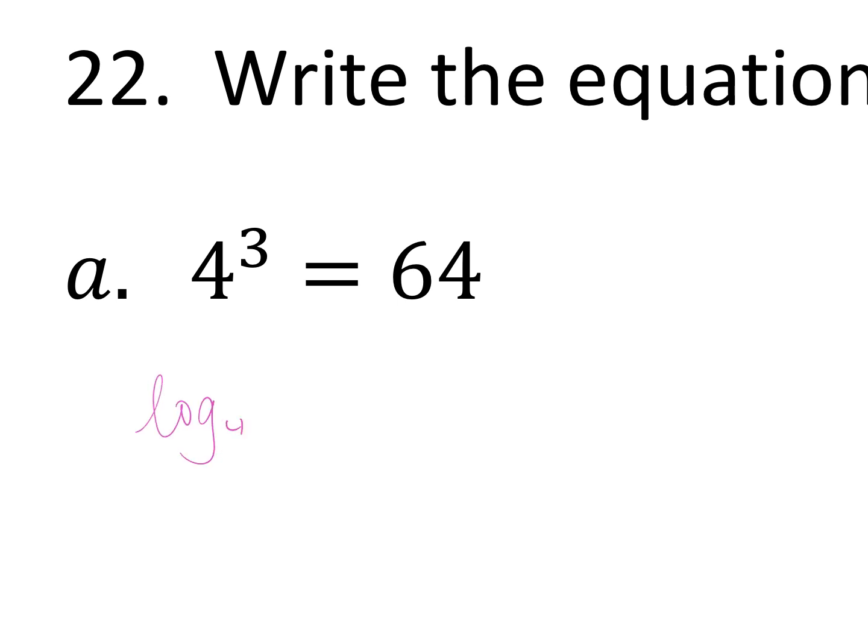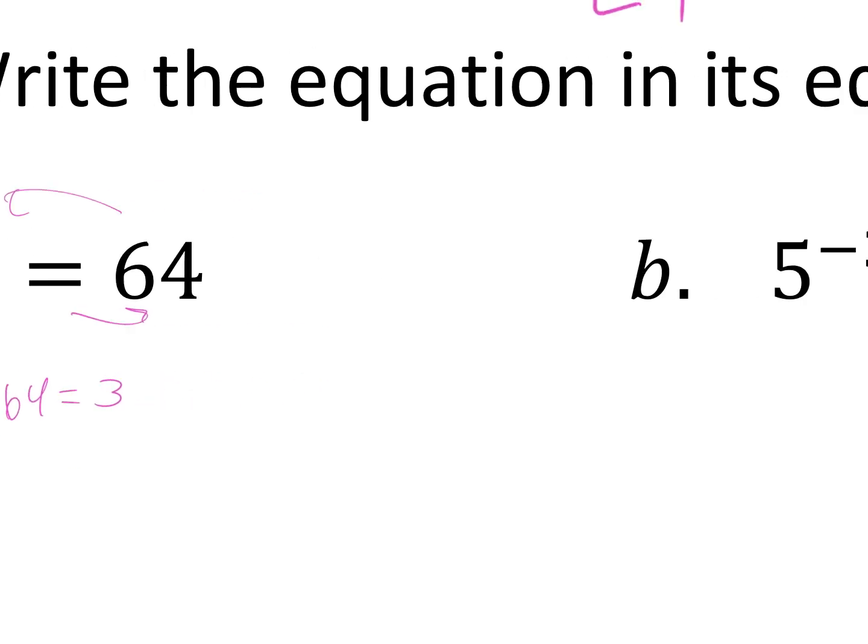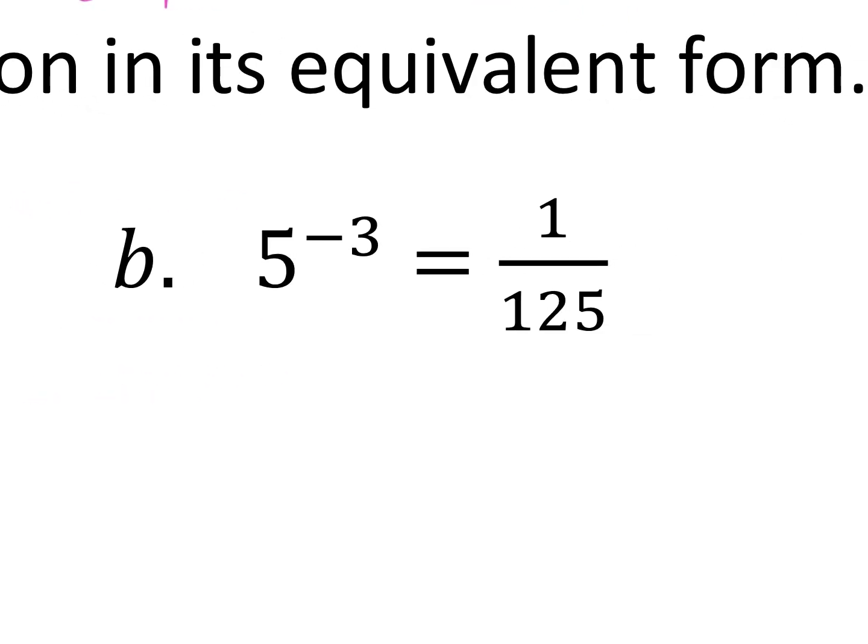And then what happens with 64 and 3? They switch spots, all right? All you're doing is just rearranging. What does the big base become? The little number. And then what happens with 1 over 25 and -3? They switch spots.